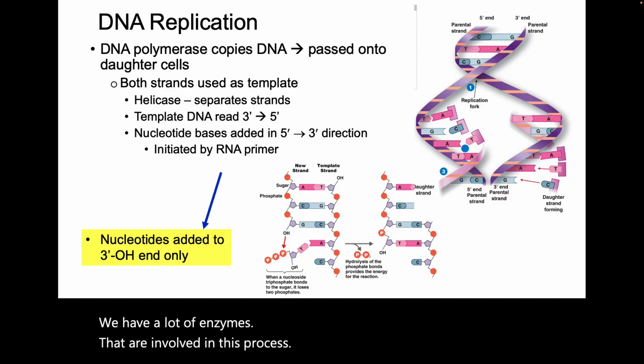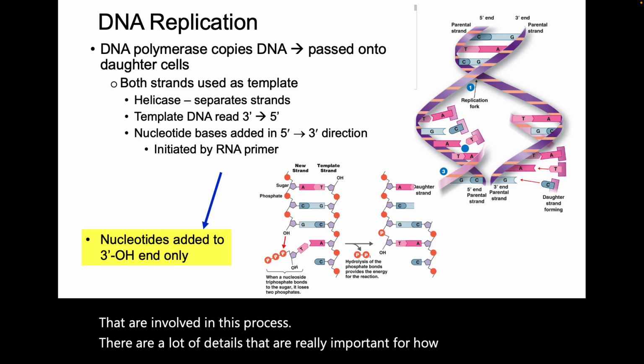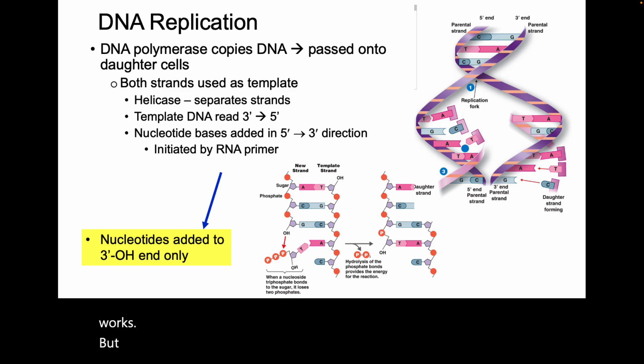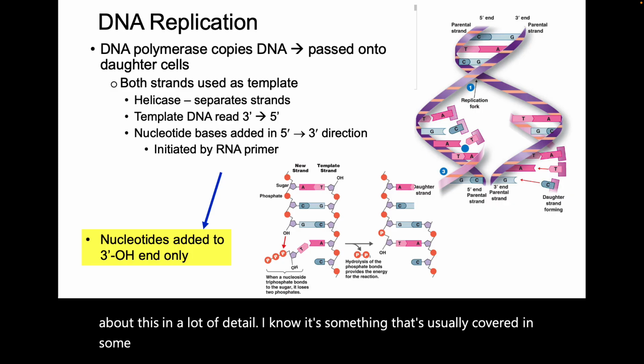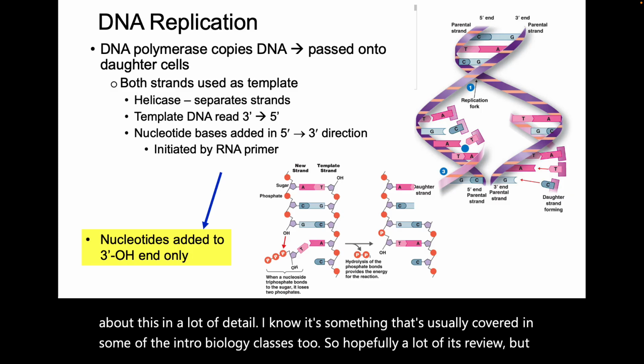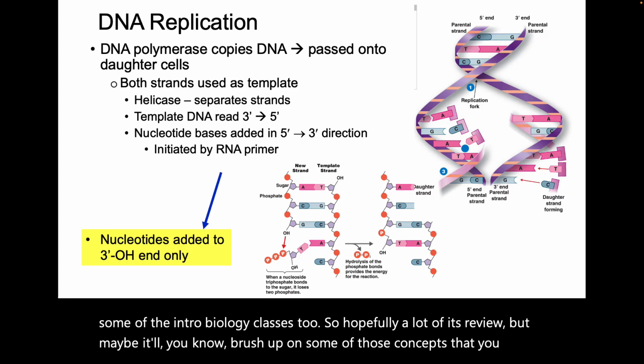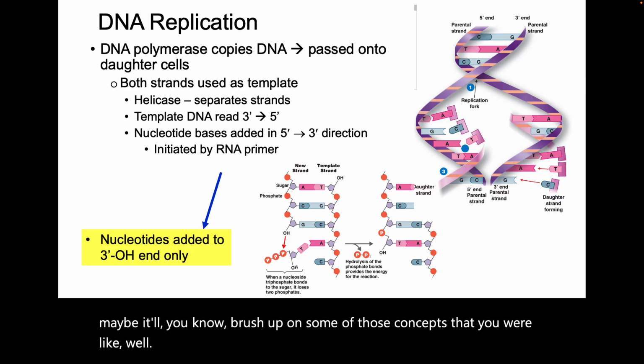There are a lot of details that are really important for how this process works. For those of you who've already taken genetics, you've talked about this in a lot of detail. I know it's usually covered in some of the intro biology classes too. So hopefully a lot of it's review, but maybe it'll brush up on some of those concepts and they'll become a little bit more clear.